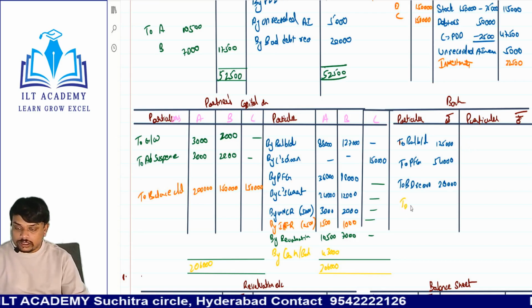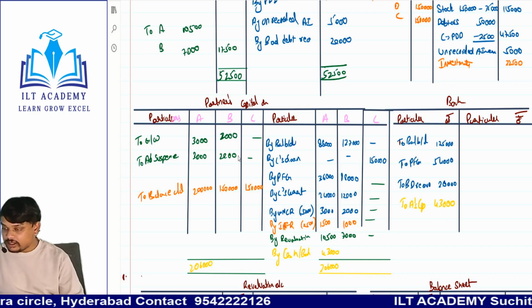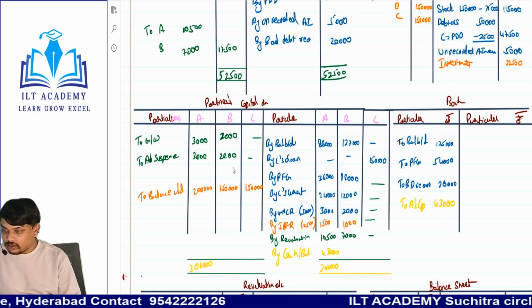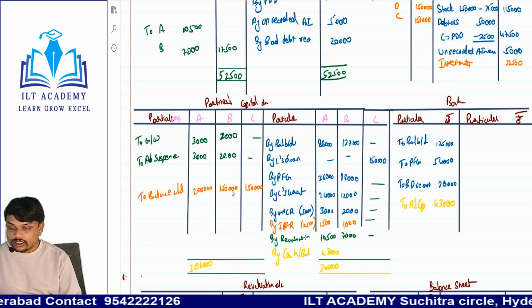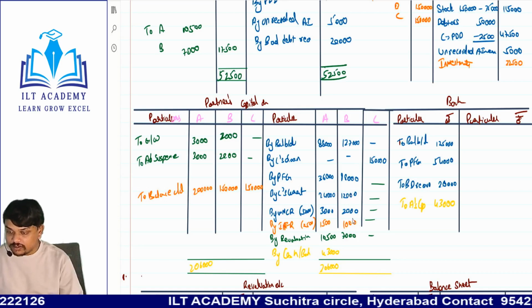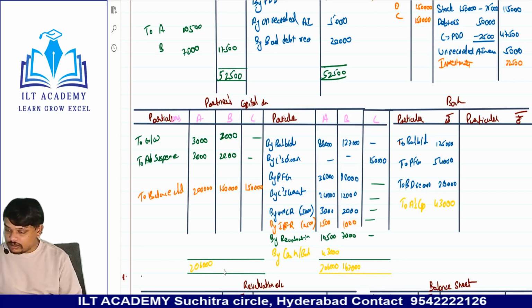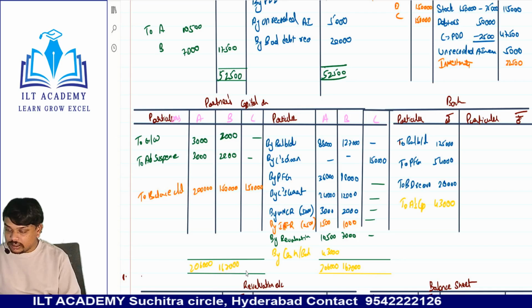So to A's capital, 43,000. Here how much is B's? 1,54,000. And this side if you have 1,67,000, so the debit side is high. 1,67,000.